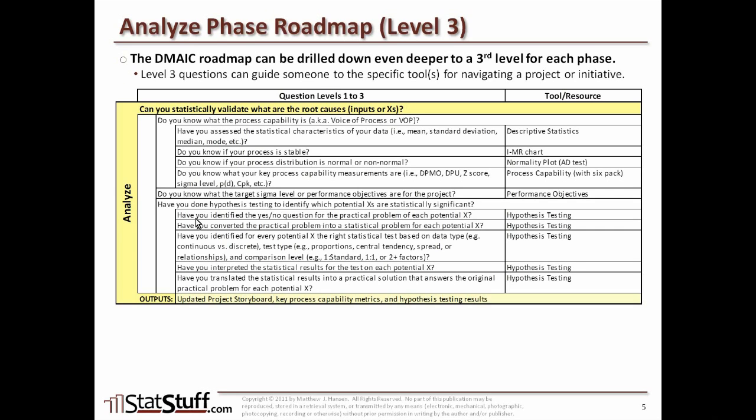So it starts off with asking this question of, have you identified the yes or no question for the practical problem of each potential x? And then next, have you converted the practical problem into a statistical problem for each potential x?